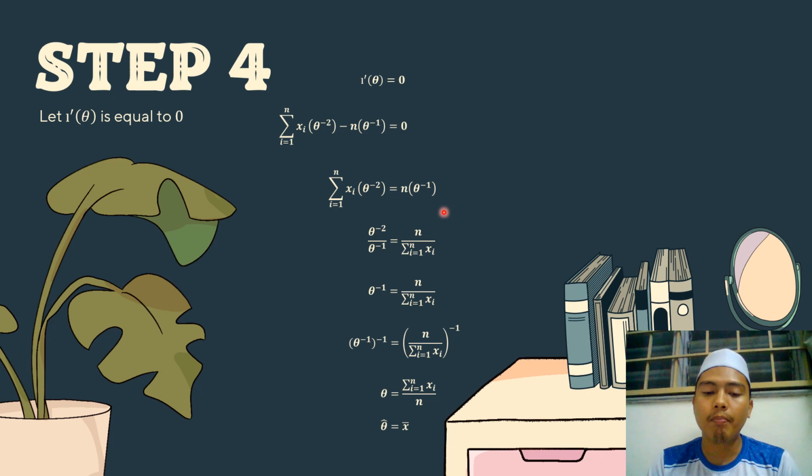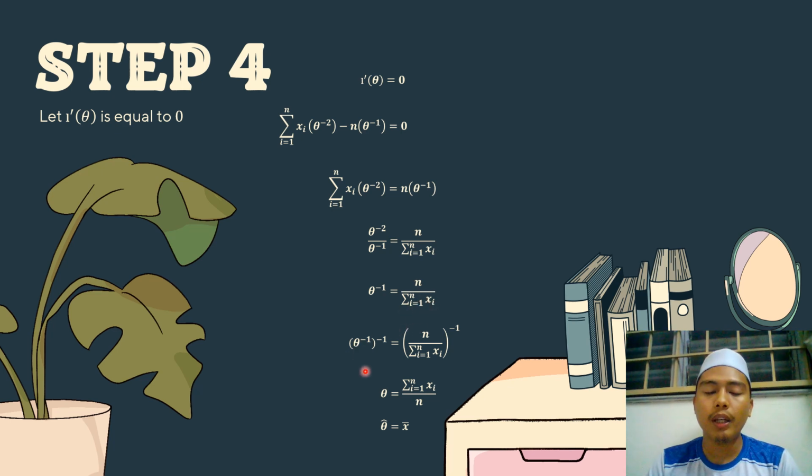After that, we make theta the subject, so theta power of negative 2 over theta power of negative 1 is equal to n over summation of x. Then we simplify the fraction of theta, and we get theta power of negative 1 is equal to n over summation of x.